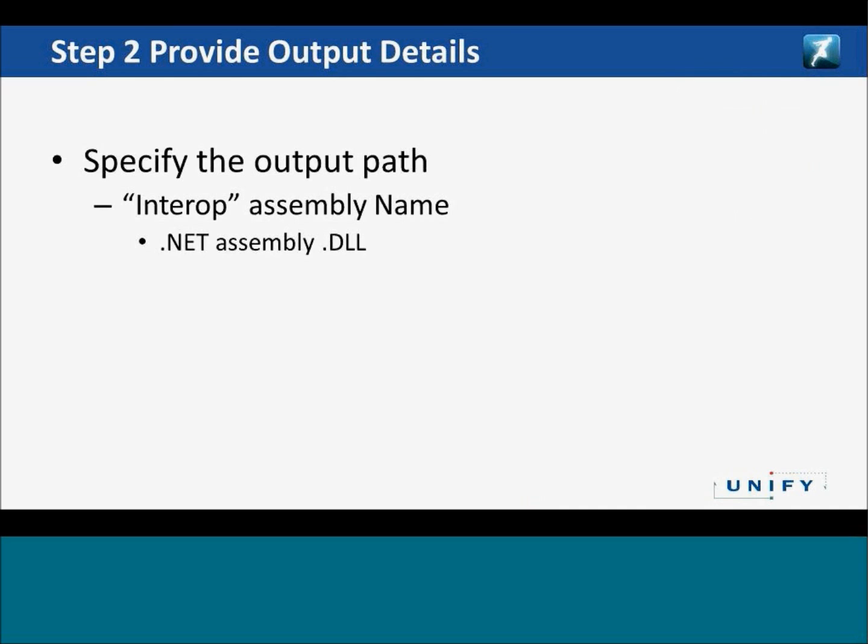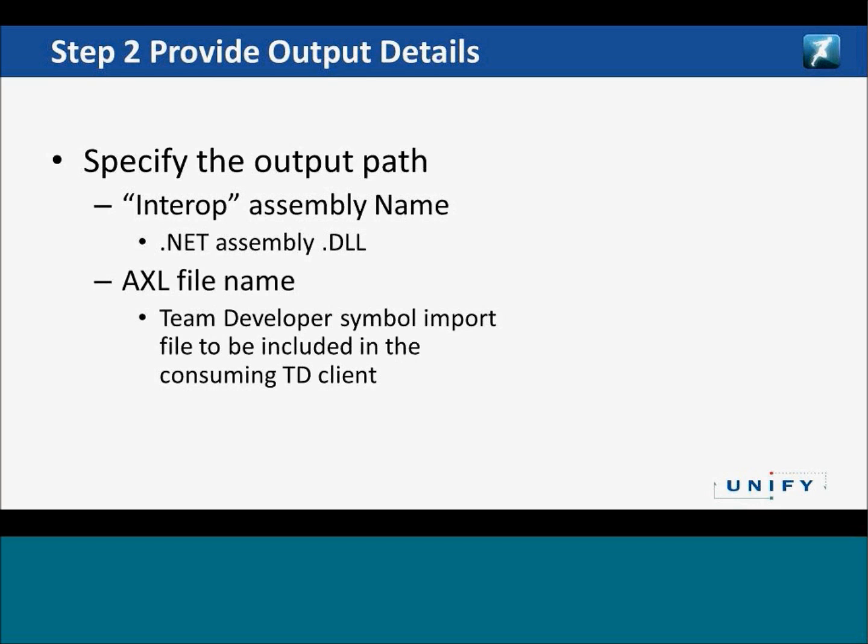Specify the output path, the Interop assembly name, which is a .NET assembly, basically a DLL file that will be created by the wizard, and an AXL file name, the Team Developer symbol import file, which will be included in the open application.